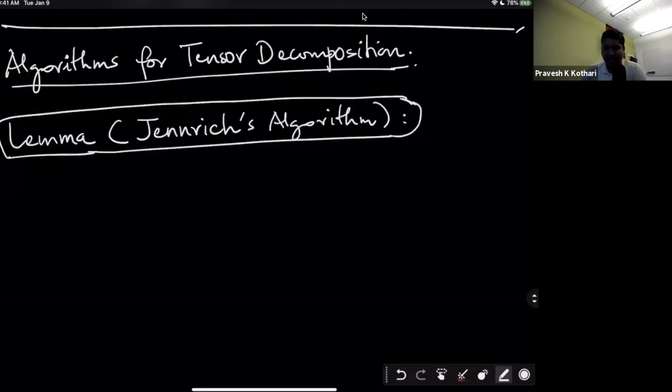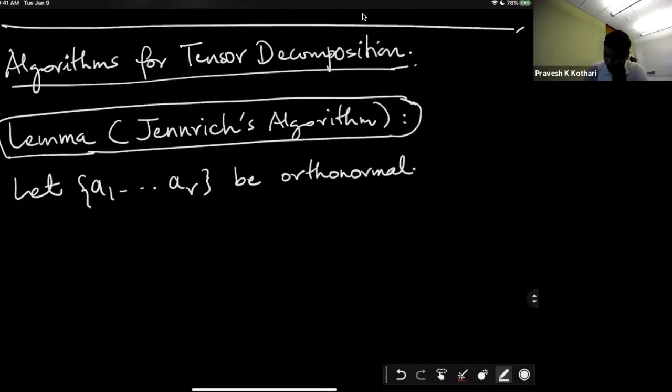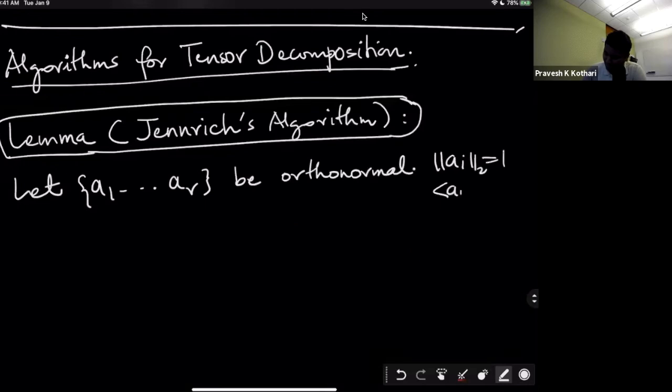We will show that in the context of third order tensors, this is no longer an issue. So let A1 through AR be orthonormal, meaning the AI are vectors of length 1, and AI dot AJ is 0 whenever I doesn't equal J.